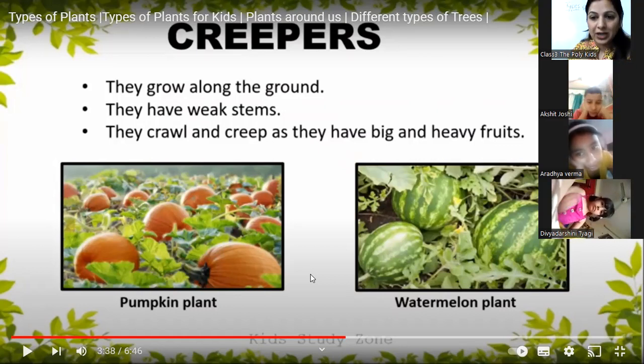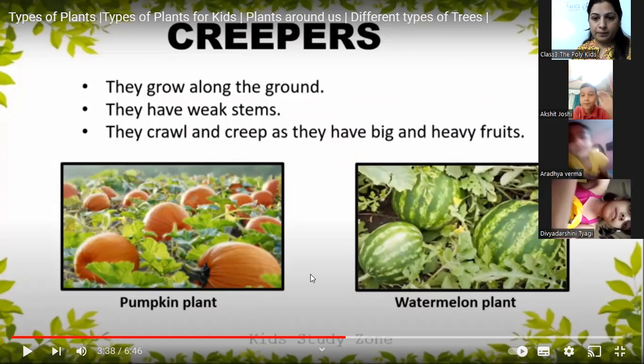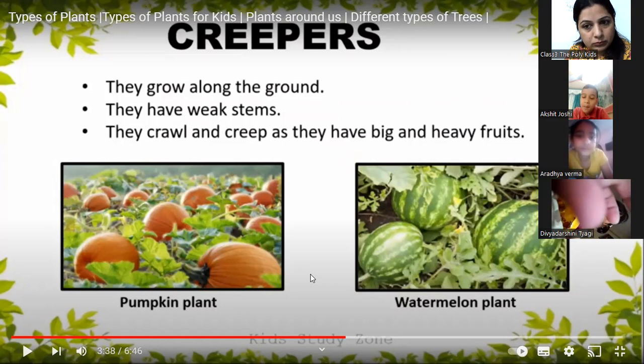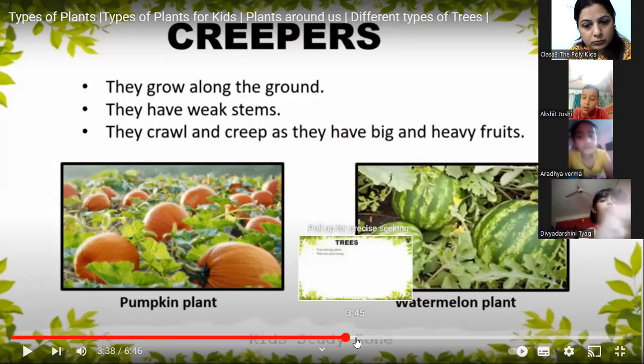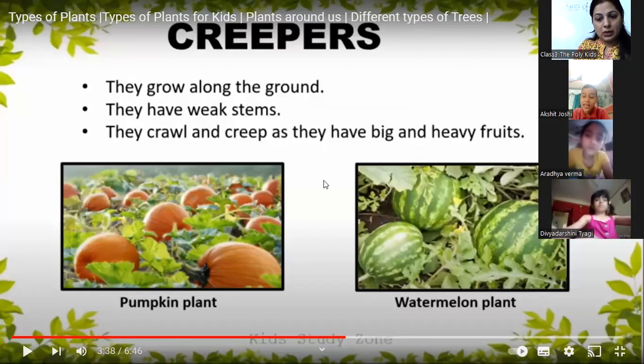Whereas if we talk about climbers, they need support to stand or to grow. Ma'am, pumpkin plant and watermelon plant are creepers because they are so heavy that they can't stand like climbers.